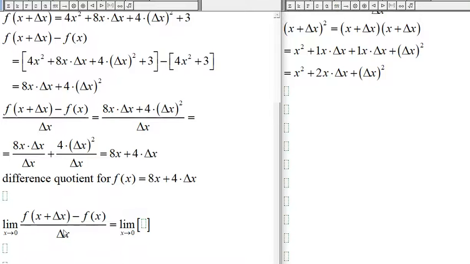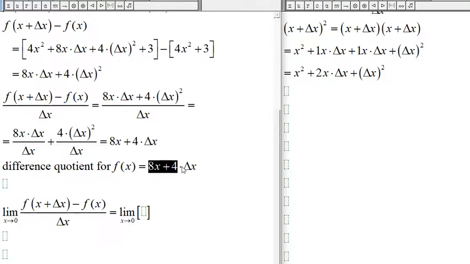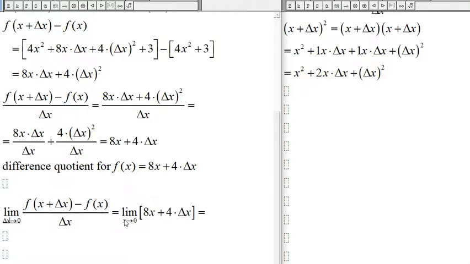And for this particular example, the difference quotient is 8x plus 4 times delta x, as delta x approaches 0. And later on we will find that this is something we call the derivative of f of x.